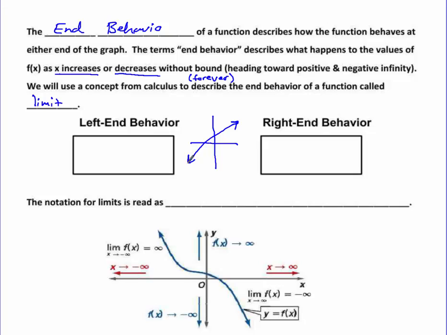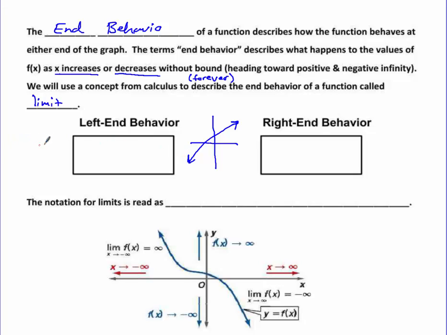So I'm really not talking about right here, I'm talking about way down here. But as far as the x-axis is concerned, because we're talking about x increasing or x decreasing, along the x-axis I'm really talking about way out here, as far as I can go to the left. And as far as I can go to the left is negative infinity.